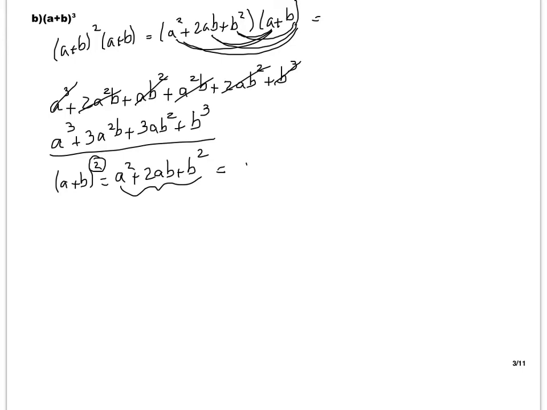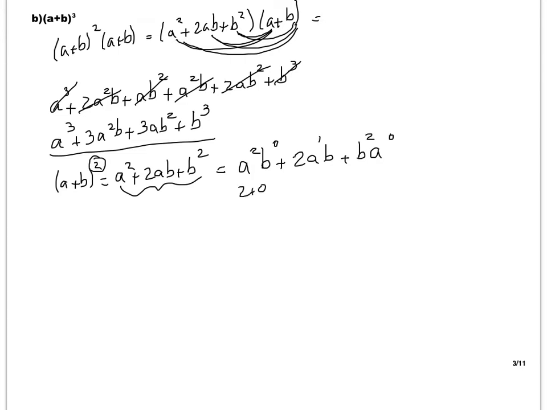I can write this one as a squared b exponent 0, plus 2ab, plus b squared times a exponent 0. Now, if you look at the sum of the exponents of each term, here we have 2 plus 0.